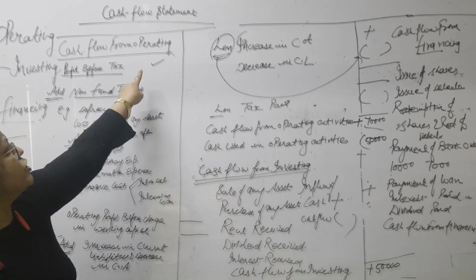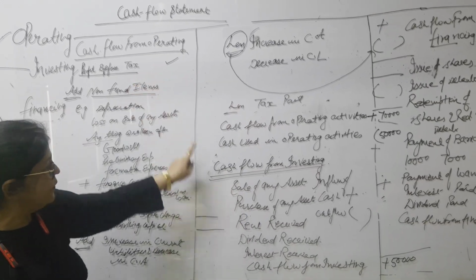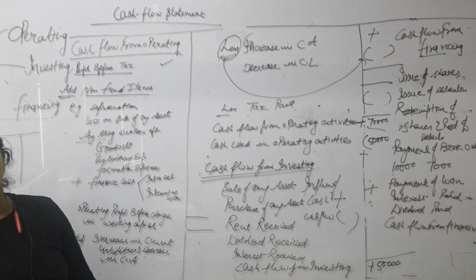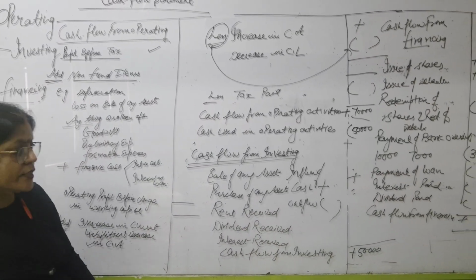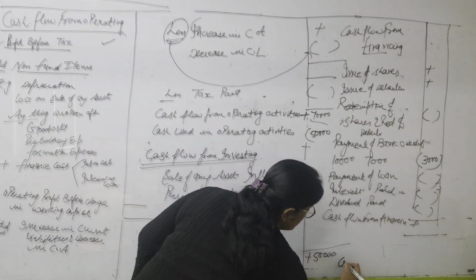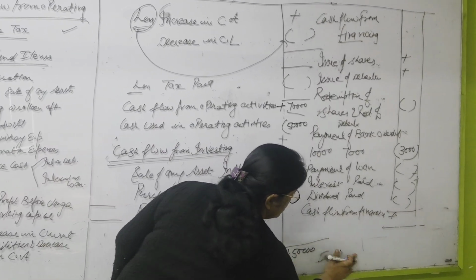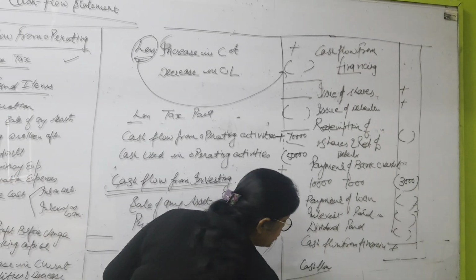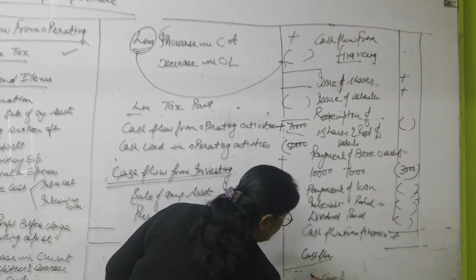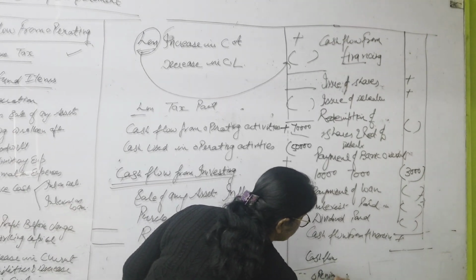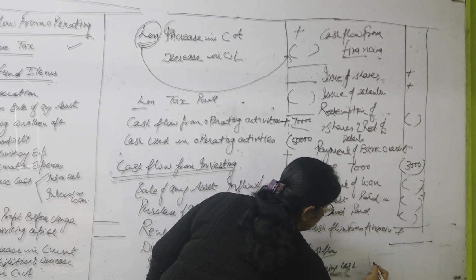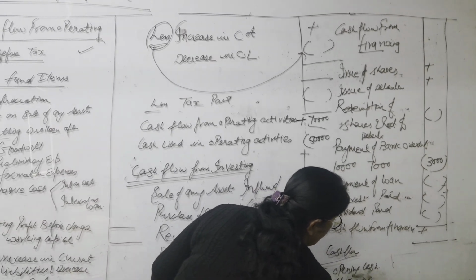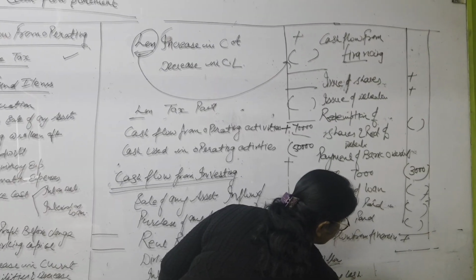After the preparation of operating activities, investing activities and financing activities, you have to adjust cash, means cash flow or cash used from all activities, means opening cash, closing cash and cash equivalent.